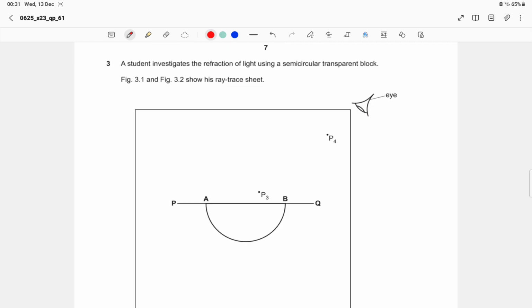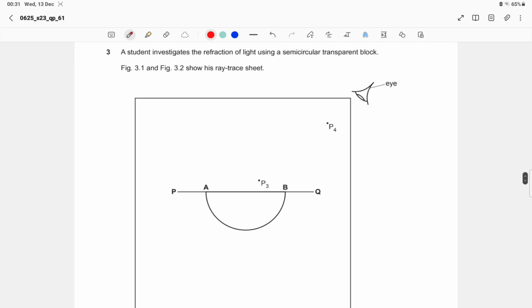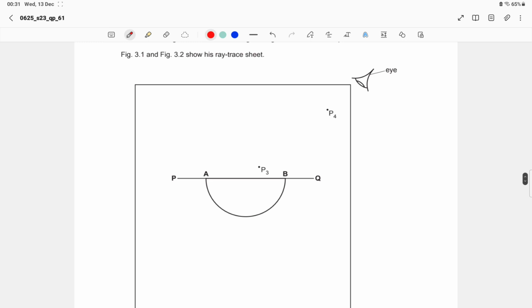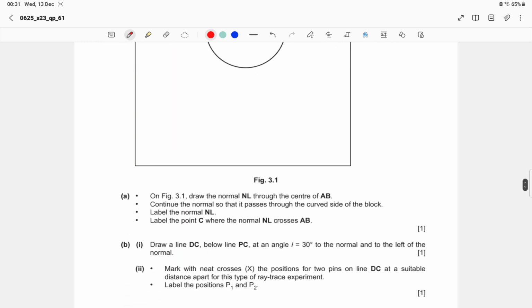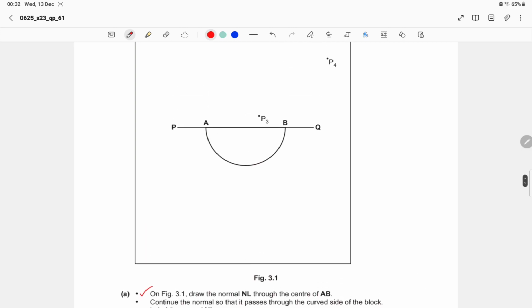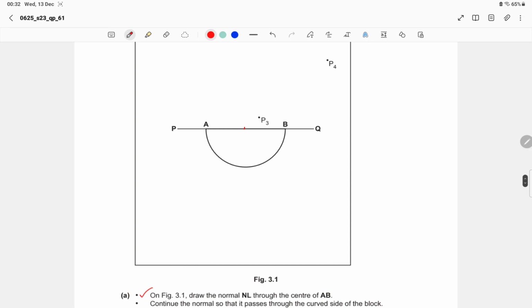Okay, a student investigates the refraction of light using a semicircular transparent block. Figure 3.1 and 3.2 show his ray trace sheets. On the figure, draw the normal NL through the center of AB. Again, you have to do it with the help of a scale.